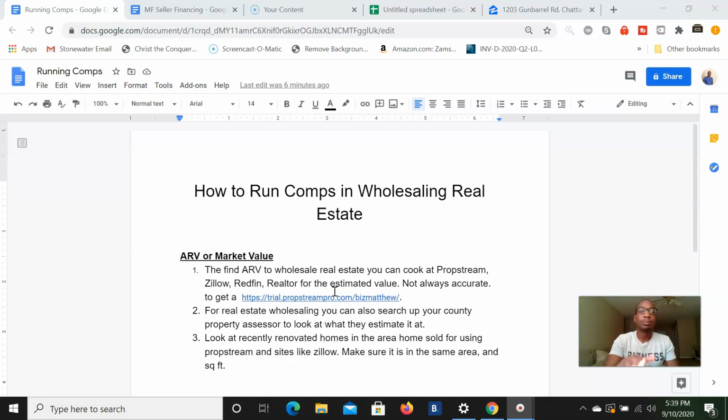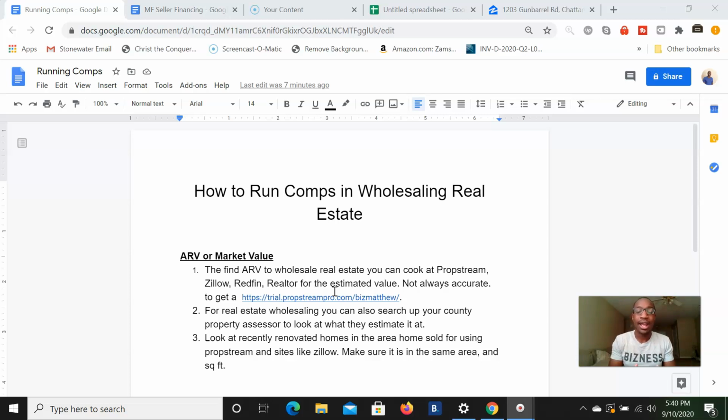So how do you find the ARV, the market value? ARV stands for after repair value. Usually when you're wholesaling, you're dealing with distressed properties. It needs new carpet, new flooring, new paint, new appliances, it's outdated, maybe the roof is leaking.